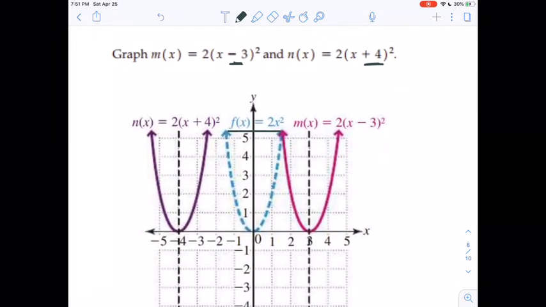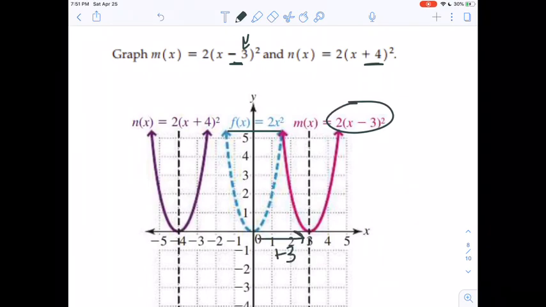It's kind of doing the opposite of what you would think. So subtracting from x, this is actually +3. So it's shifting your graph 3 to the right. So again, think opposite. Over here, the 4, this is actually -4. It's shifting your graph 4 to the left.